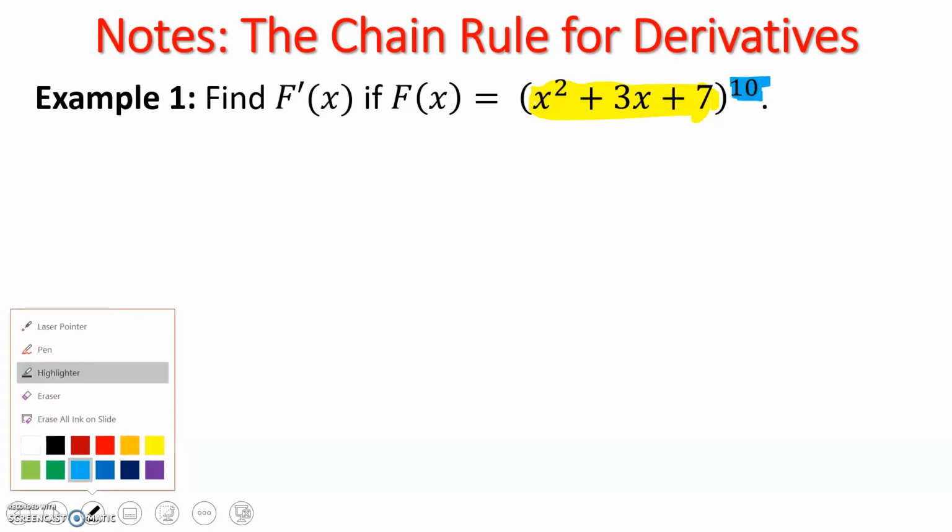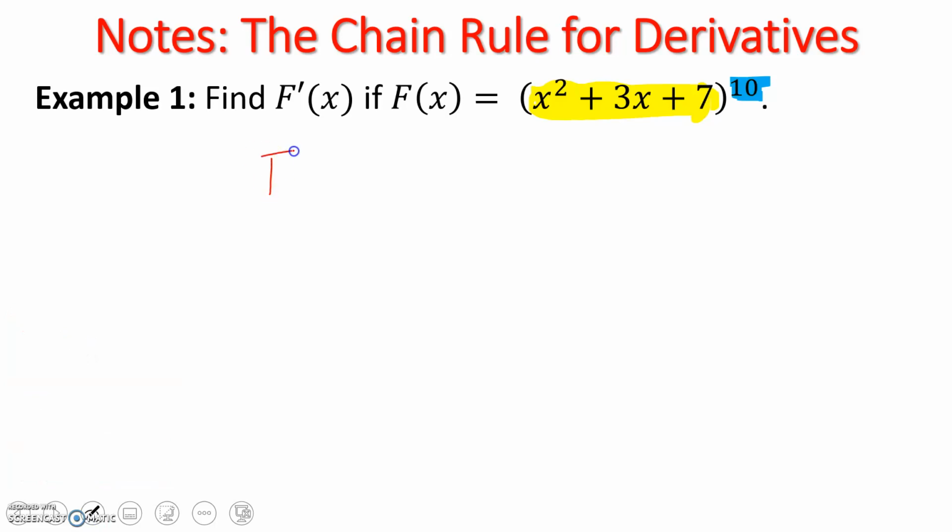And so according to our chain rule, we will take the derivative of the outside function first. Our outside function in this case is that something to the 10th power. So we use the power rule, and it's 10 times whatever that something is to the 9th power, right?